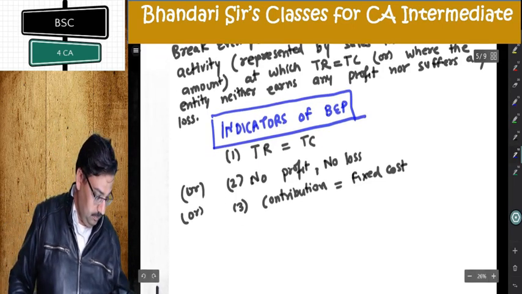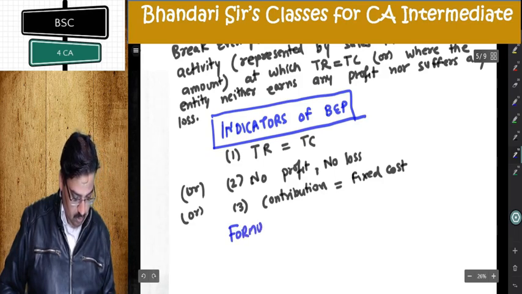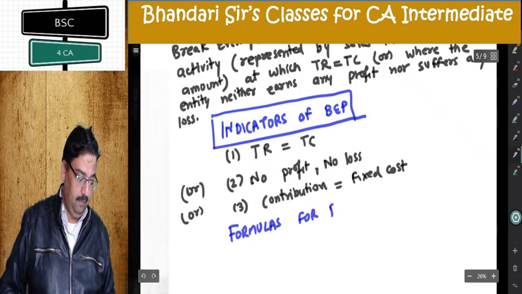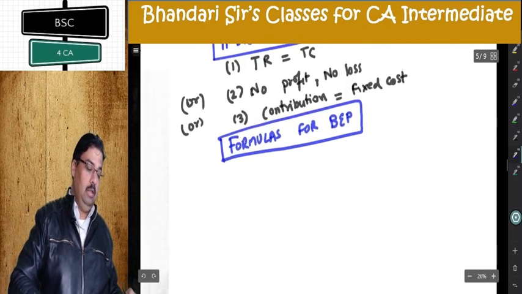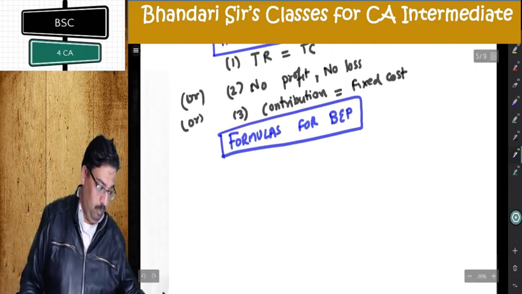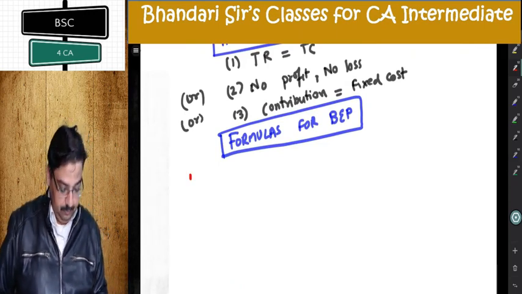Formulas for break-even point. There are two formulas. One formula is for units, one formula for rupees.